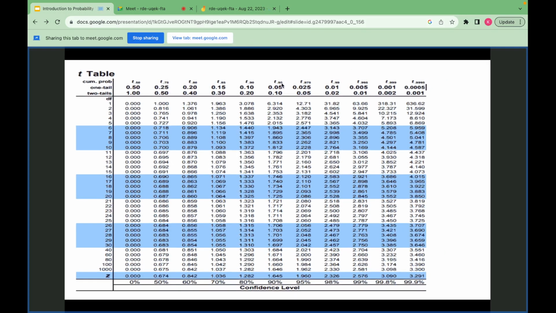So from the t table we can find this value.